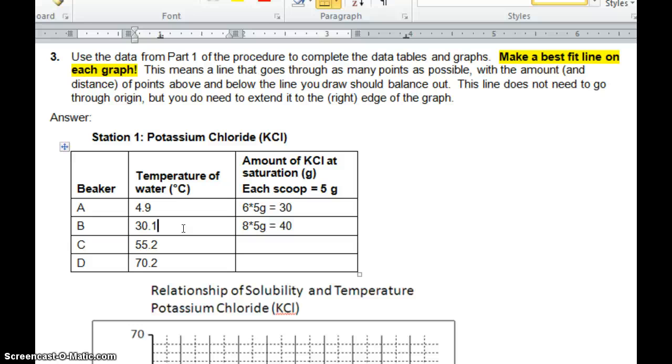The more collisions, the faster something's going to dissolve. All right, so that tells me that this one has a temperature of 55. Is it going to dissolve more than 40 grams, exactly 40, or less than 40? It should do more than 40, right?